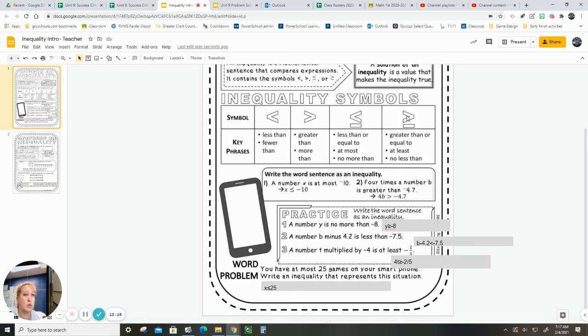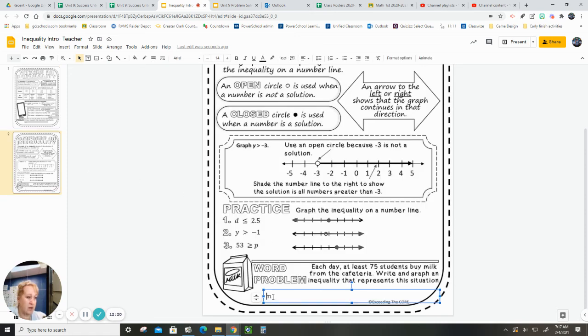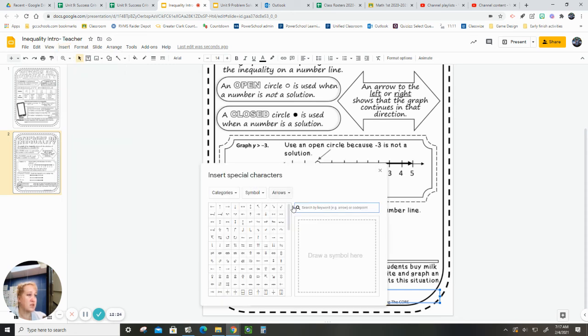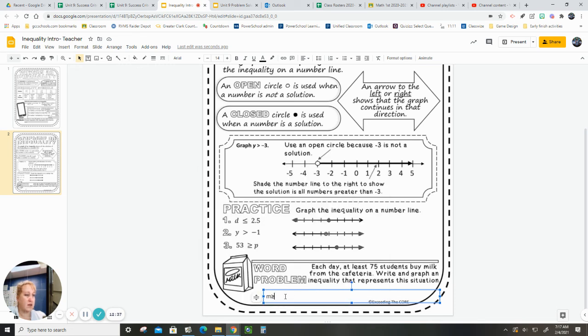At least would mean greater than or equal to. So I have M, insert, special characters, greater than or equal to, and then I need to put 75.